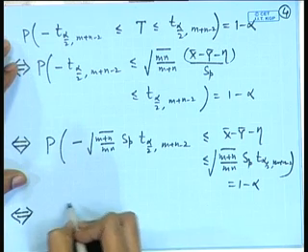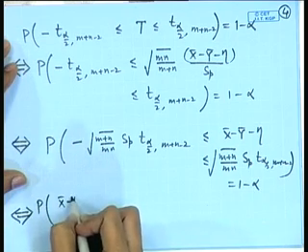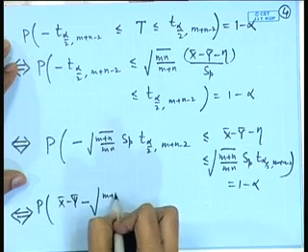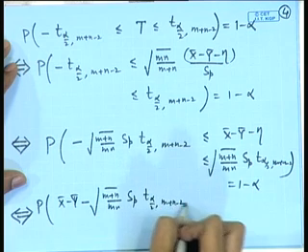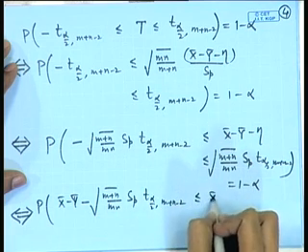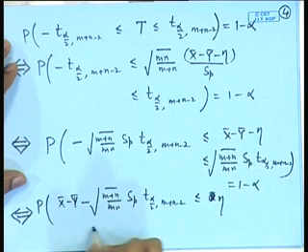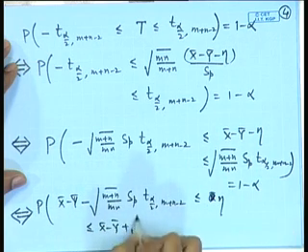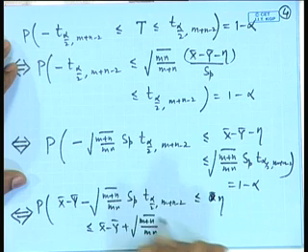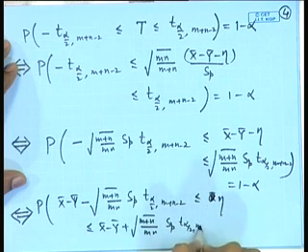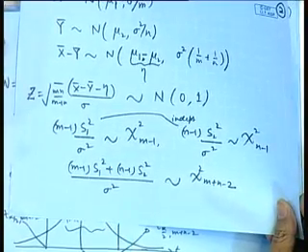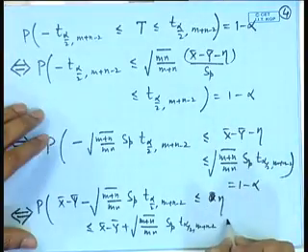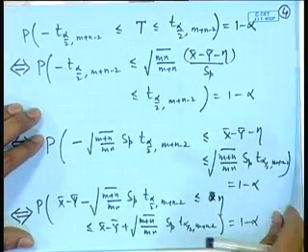So, this means that x bar minus y bar minus root m plus n by m n S p t alpha by 2 m plus n minus 2 less than or equal to eta less than or equal to x bar minus y bar plus root m plus n by m n S p t alpha by 2 m plus n minus 2, that is equal to 1 minus alpha.